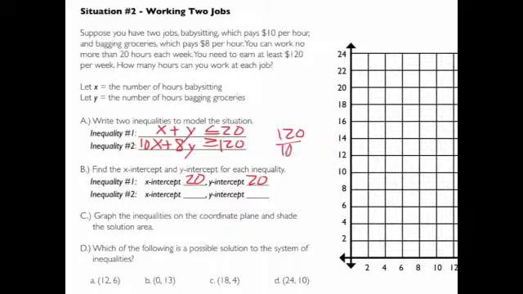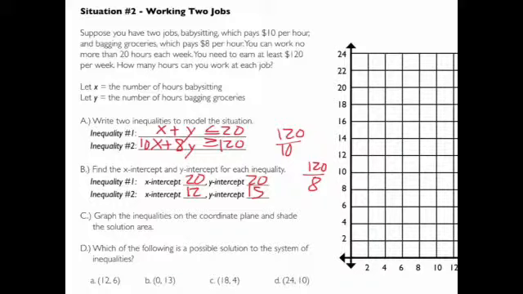The number in front of x is 10, so that gives me an x-intercept of 12. And then for the y part, 120 divided by 8, and I'll particularly have that memorized. Let's see, 120 divided by 8 is going to be 15. So that's my y-intercept.